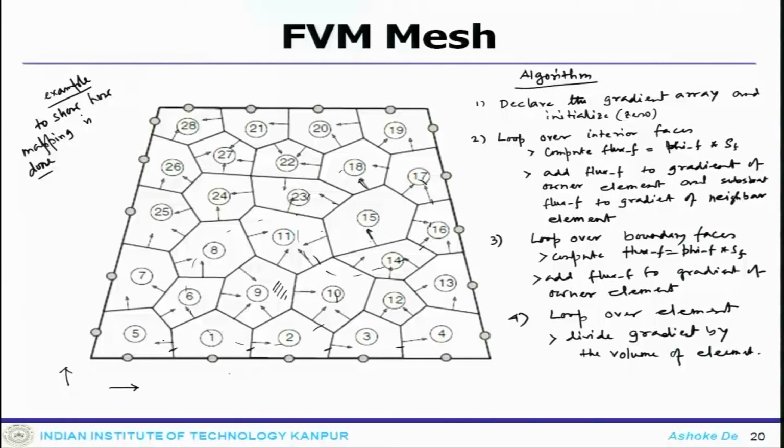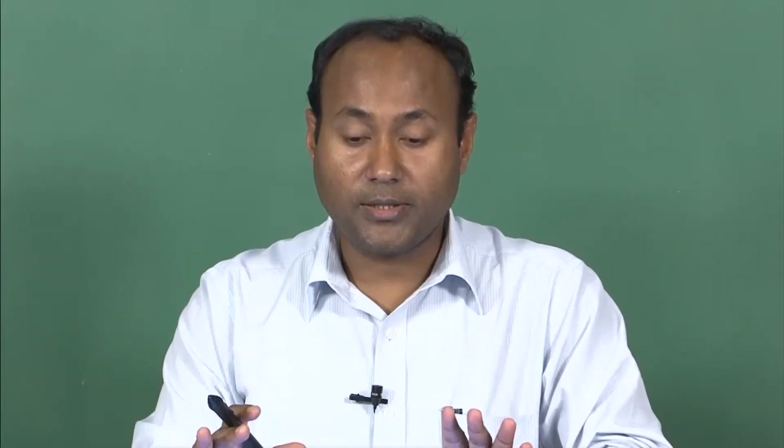When you compute the flux, if this element is the owner element, you add to it; this is the neighbor element, so you subtract from it. That is where your local indexing comes into place. Then you treat the boundary elements and divide by the volume to get the gradient. This is how you do it for the unstructured case, and we stop here and look at the next element in the subsequent lecture. Thank you.